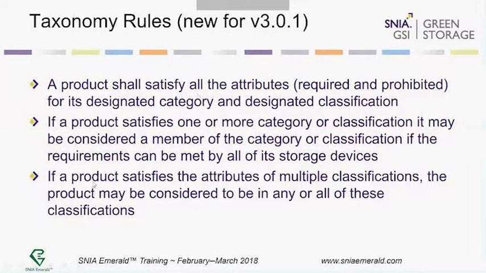And if you have a particular storage system which satisfies the attributes or characteristics of several classifications, maybe you have a choice. You can consider it to be in any one or all of the classifications it meets the requirements of. So we just try to make that a little more clear in the current spec, but it's kind of wordy.